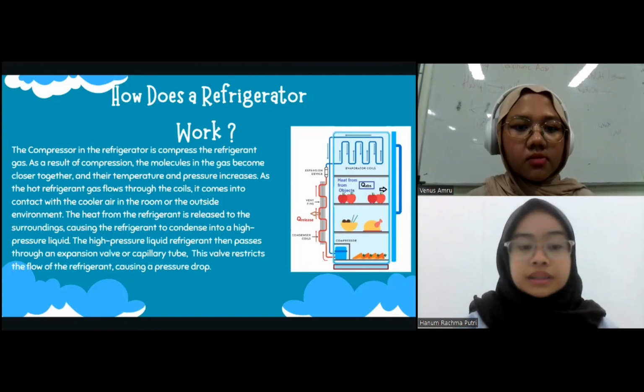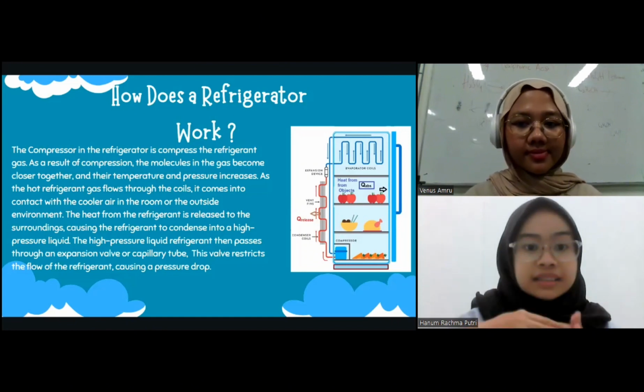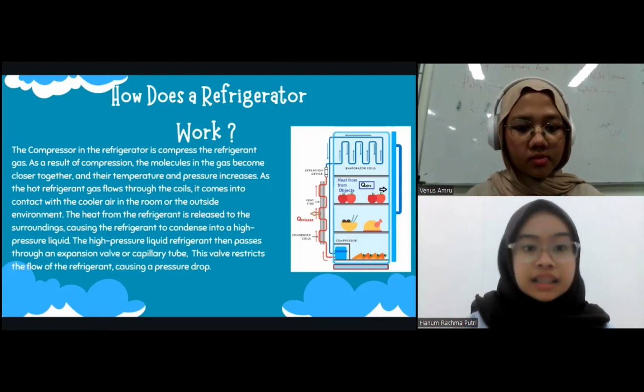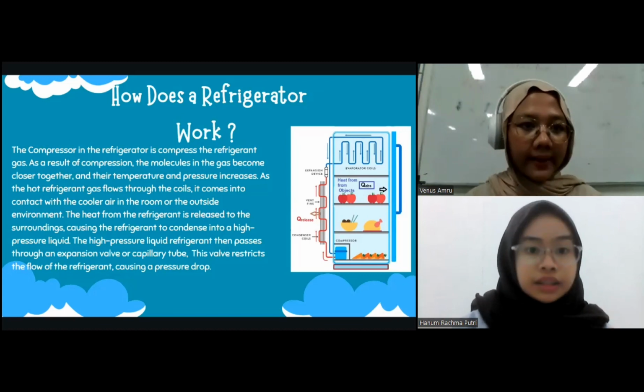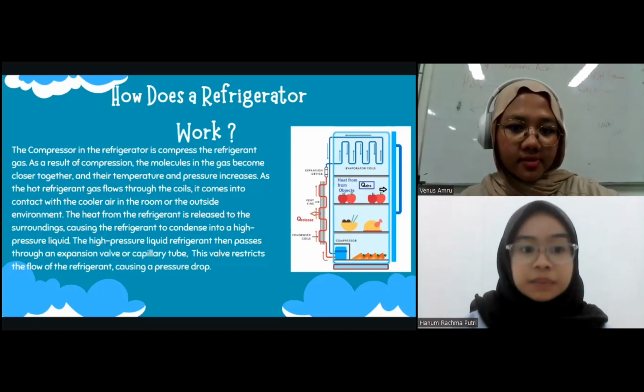As the hot refrigerant gas flows through the coils, called condenser coils, it comes into contact with the cooler air in the room, or the outside environment of the refrigerator, causing the refrigerant to condense into a high pressure liquid.